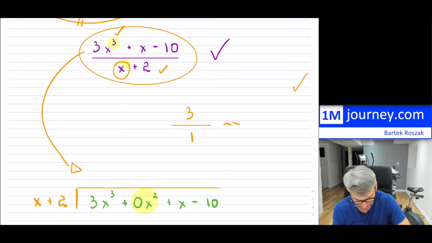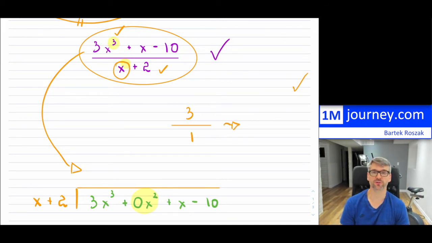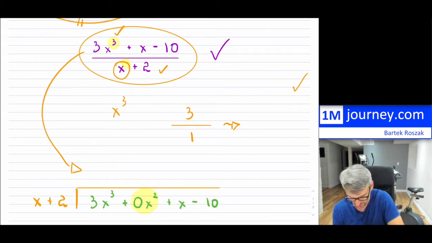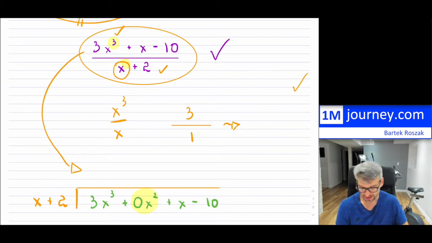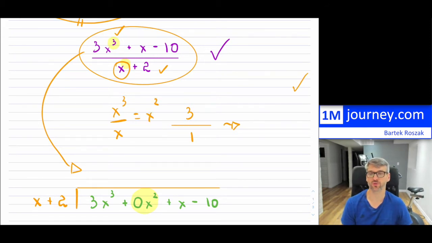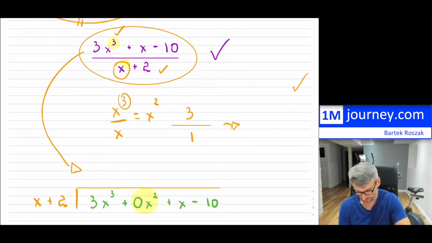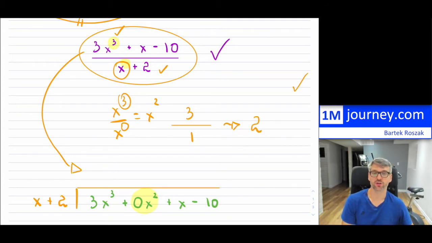And if you remember your exponent laws, if you had to divide, for example, if you had this and then you had that, the division would have been x squared, right? Because you're going to take the exponent values, so 3 minus 1 is going to give you 2, which means that our result, our quotient, should be of second order.